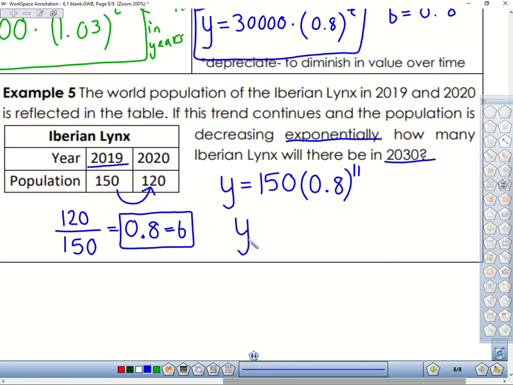So we can calculate the population using that information, which would be approximately 12.9.